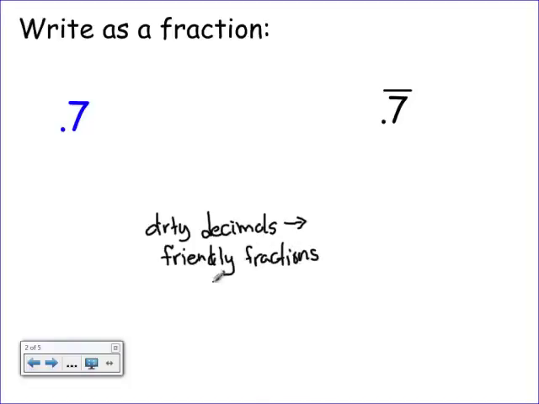So the first example here, 0.7, is pretty easy to turn into a friendly fraction. We know a fraction has to be something over something, and you pretty quickly know that this is 7 over 10 because it's 7/10.